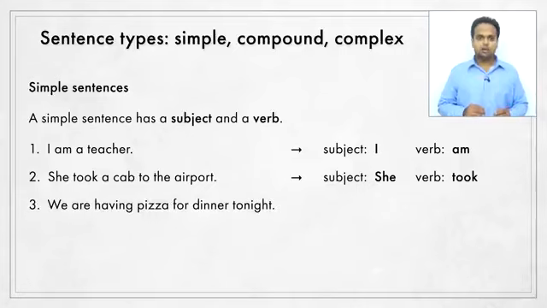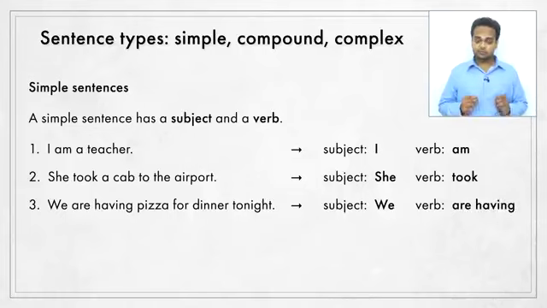One more example. We're having pizza for dinner tonight. In this sentence, the subject is we, and the verb is actually the phrase are having. It has two words. First, the auxiliary or the helping verb are, and then the main verb having. But still, are having is a phrase that acts as a single verb.